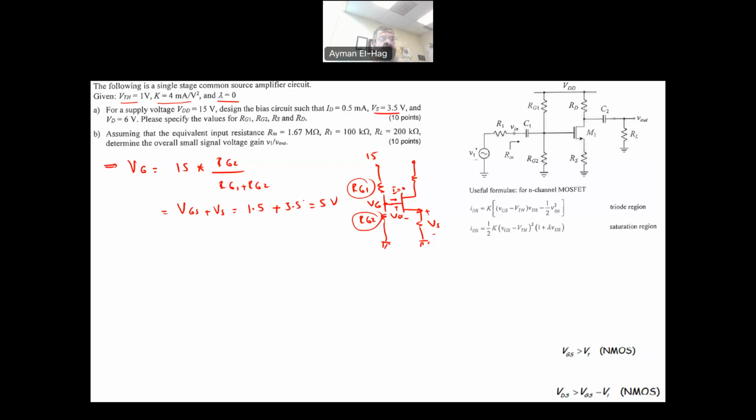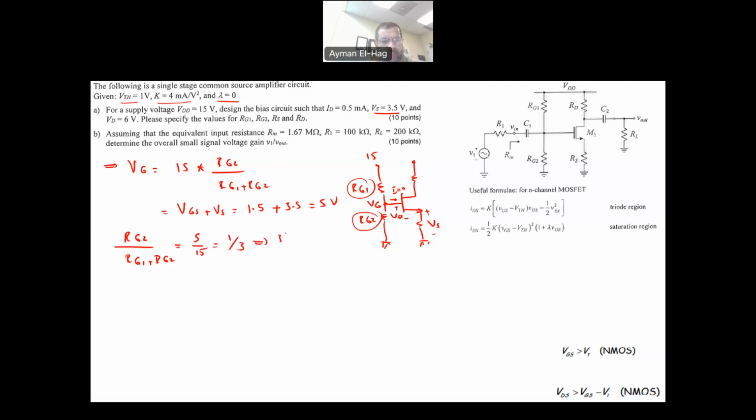So now we have an equation with two unknowns: RG2 over RG1 plus RG2 equals 5 over 15, or 1 over 3.